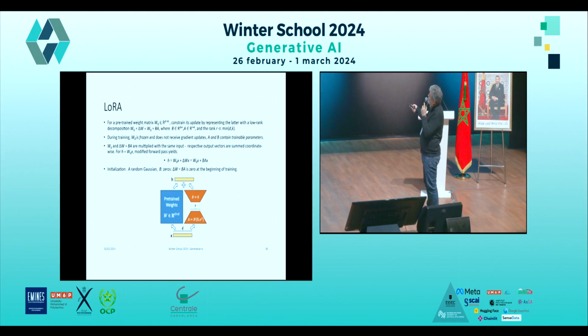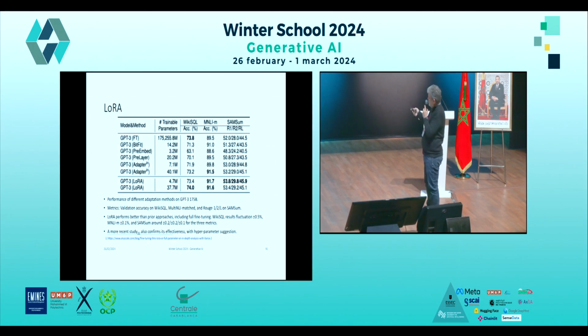So essentially what we do is that we have this frozen model and we add this AB or BA multiplication of trainable parameters, where the size of this is orders of magnitude less than the previous one. So this is called low-rank approximation. And for instance, GPT-3 with LoRa achieves very competitive, let's say, performance with only 0.1% of trainable parameters.